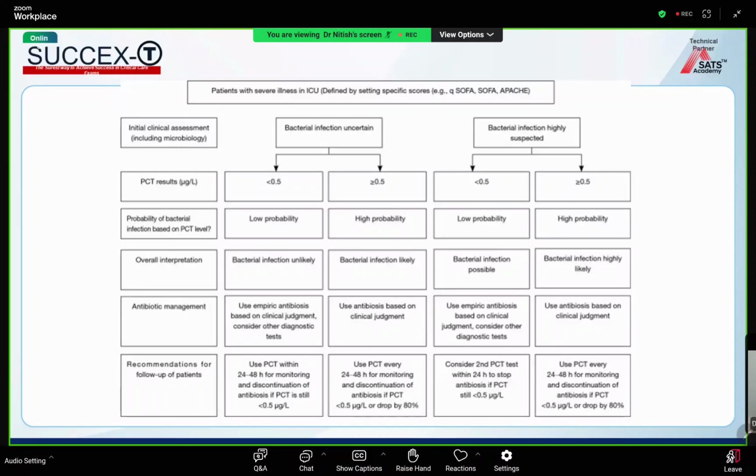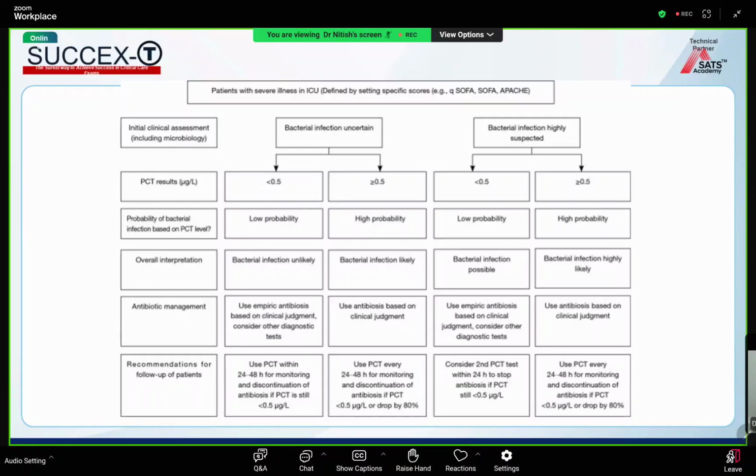So if the procal is less than 0.5 and you still clinically feel this patient strongly has an infection, please do start an antibiotic. Look for other options and also recheck procal after 24 to 48 hours and consider stopping the antibiotic. If it is more than 0.5, yes, there is high chance that this patient could have an infection.